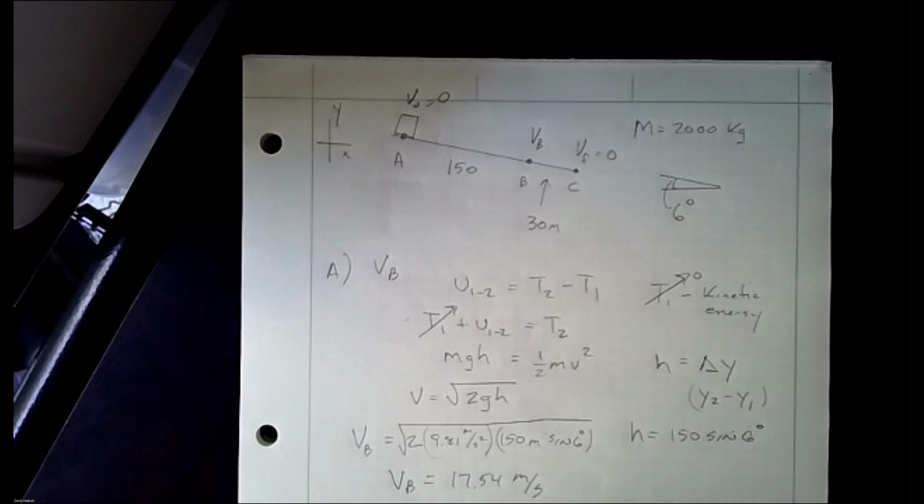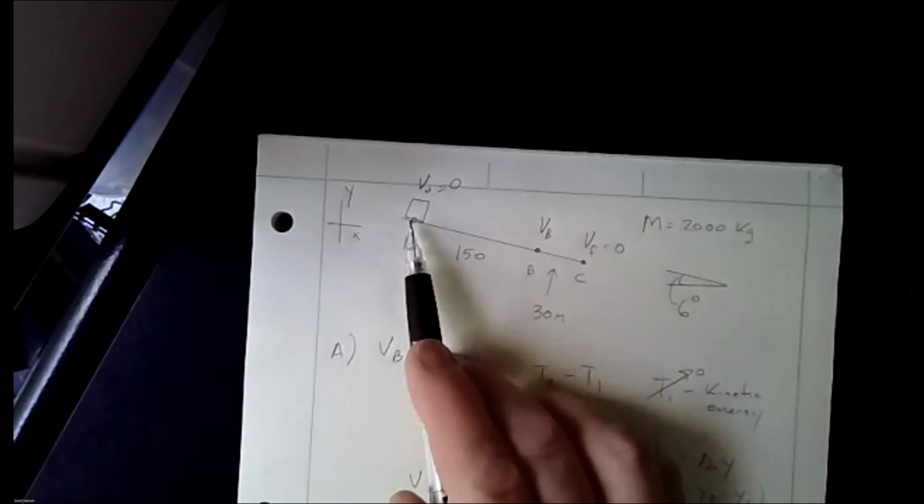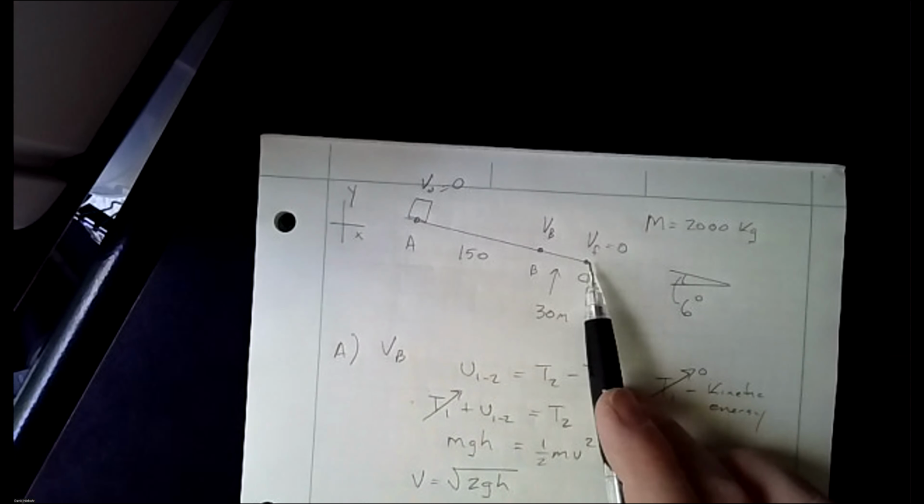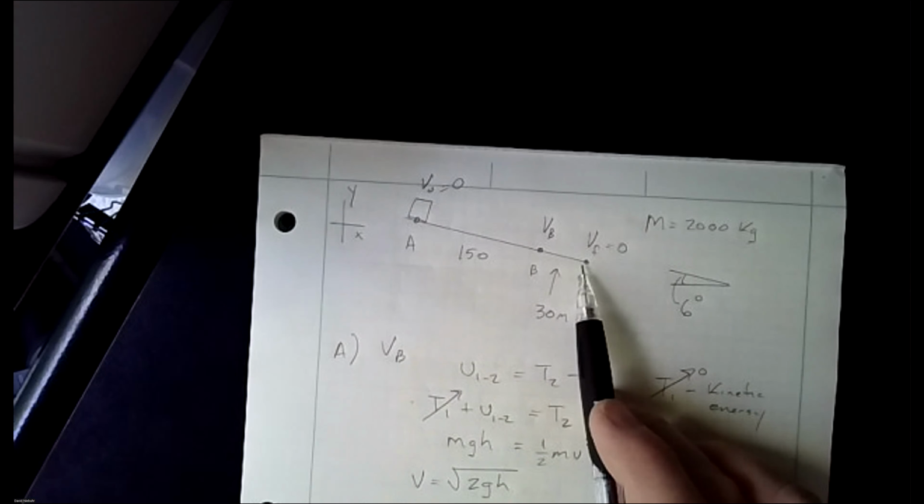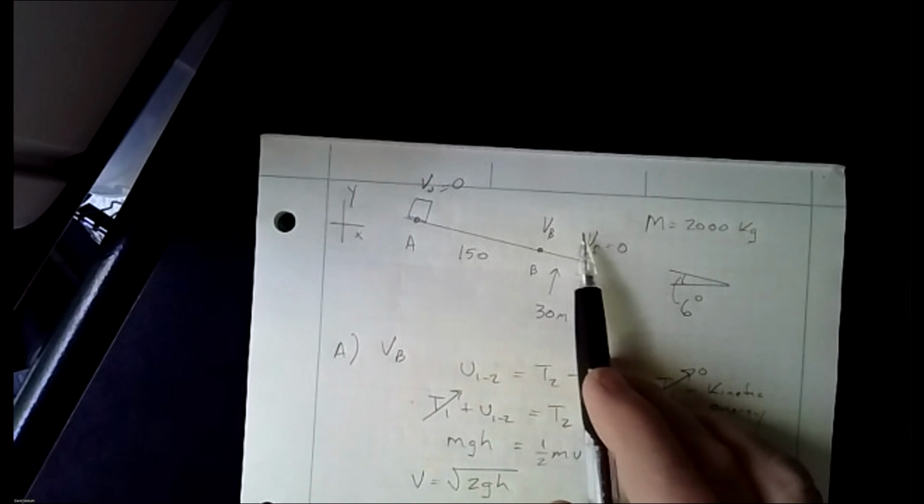Since T1 is 0 and this is 0, and we only impend our brakes this far, we start with no kinetic energy and end with no kinetic energy. So we end up with U1 to 2 equals mgh, but we also have force times distance.